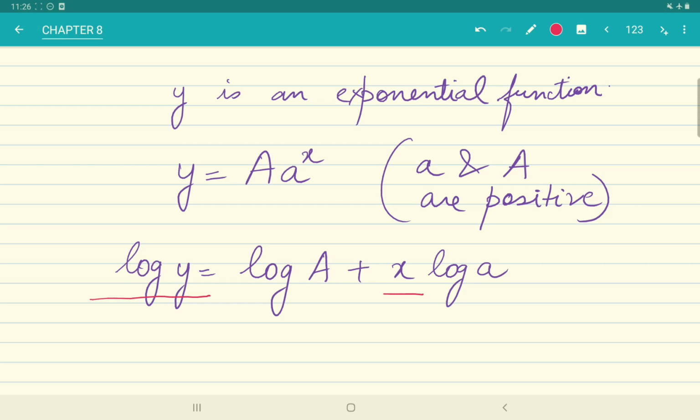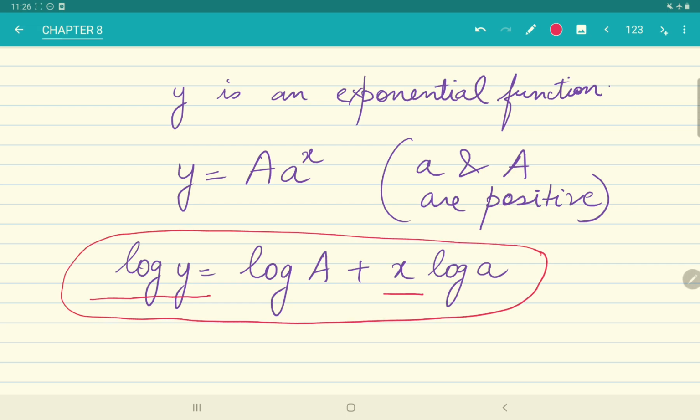And if I say that log y is a linear function of x, that means if I want to plot this equation in a coordinate system, what I will see is that if I have an ordinary linear scale on the horizontal axis, and a log y scale along the vertical axis, this will actually give us a straight line.